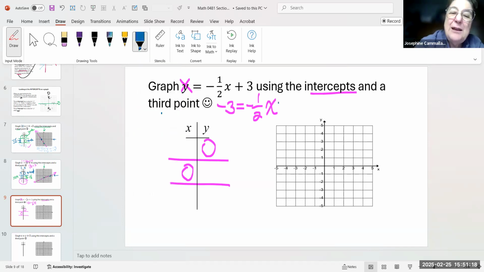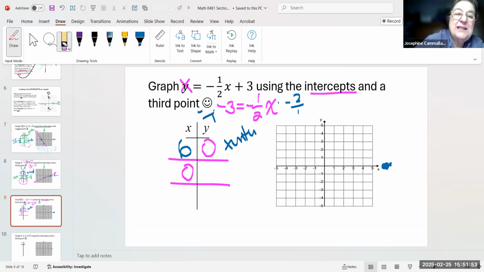Well, I multiply both sides by the reciprocal, -2/1. So that means that my x value is a positive 6. Positive 6, which means it's going to sit out here someplace. And I probably should make it closer. Okay. That's my x-intercept.